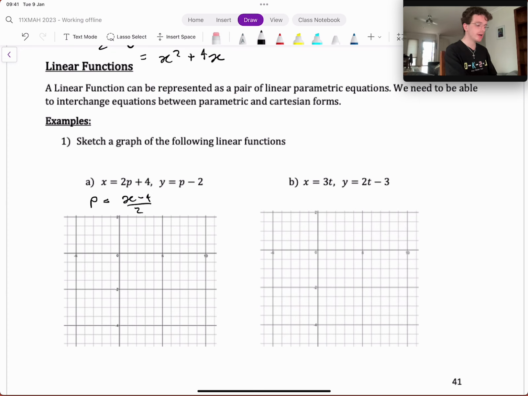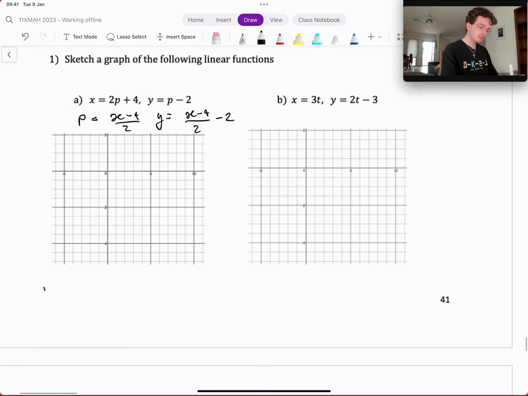Substitute your p into y and you'll get y is equal to x minus 4 over 2 minus 2. Now I didn't leave you much working out, I'm sorry. That can be simplified to x on 2 minus 4 on 2 minus 2, which is x on 2 minus 4.